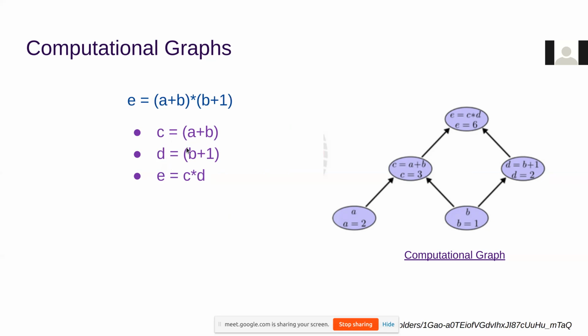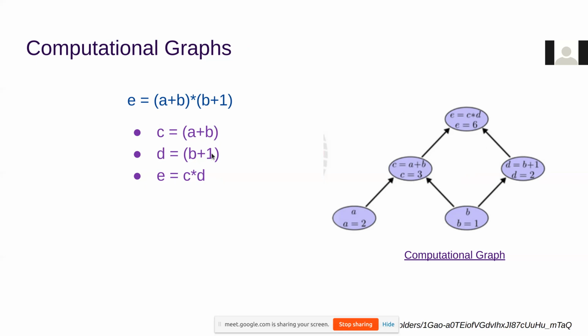This computation can be represented as a graph shown here. This is known as a computational graph. All these nodes will represent the variables, that is A and B, and the operations. So here C, D, E are representing an operation of this expression.